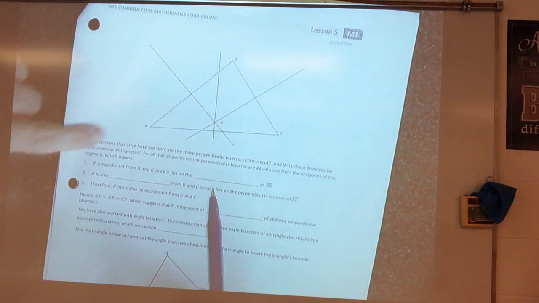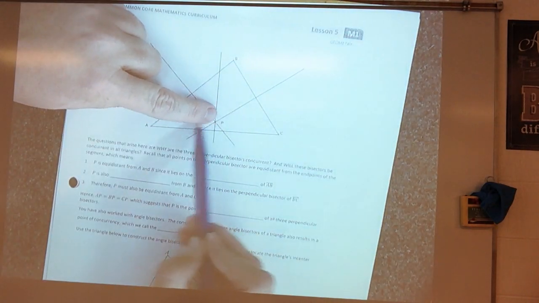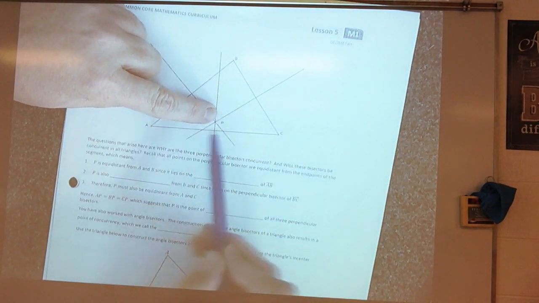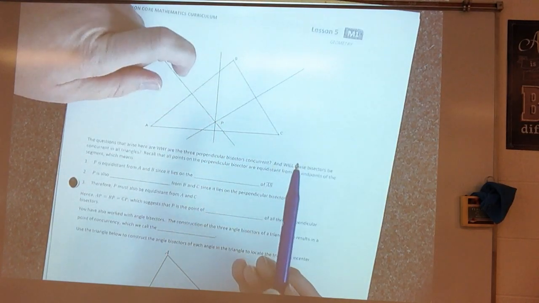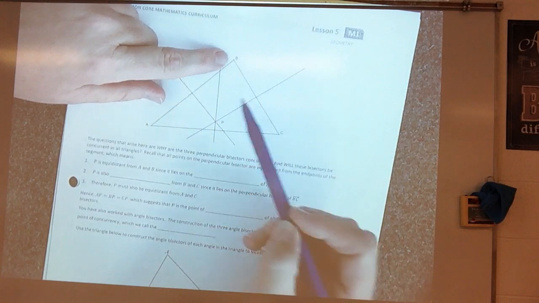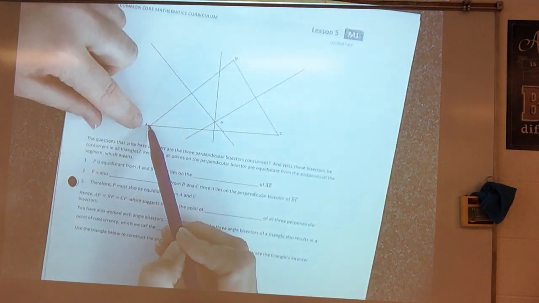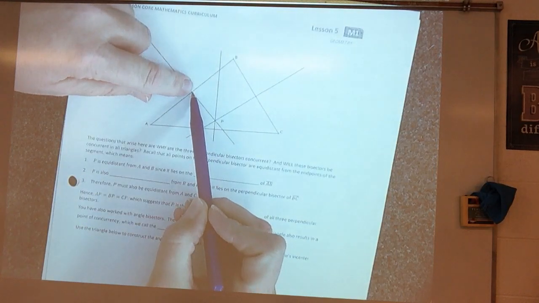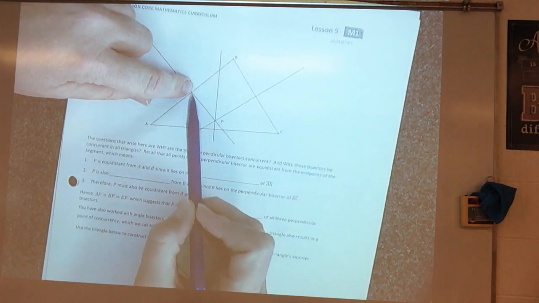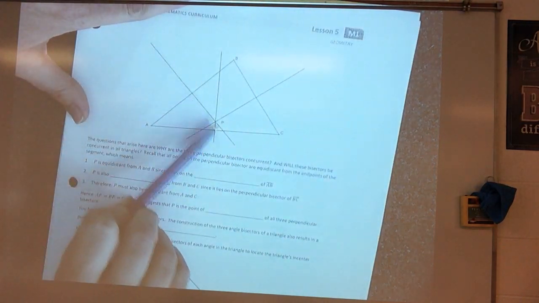So, let's look at this. P is the same distance from A as it is from B, I'm sorry, we're looking at this side, because it lies on the, what is this segment, or what is this line here?